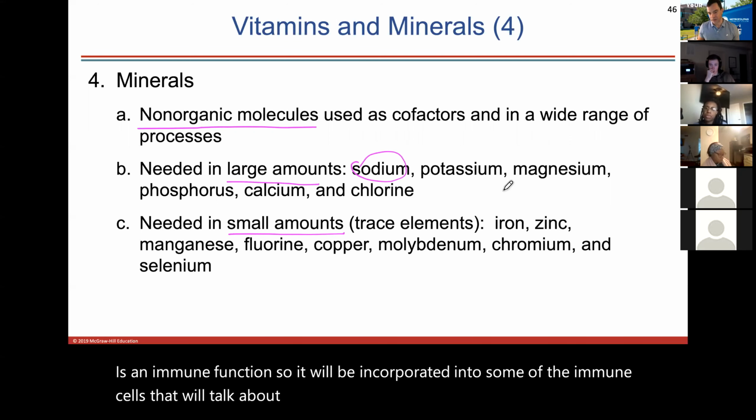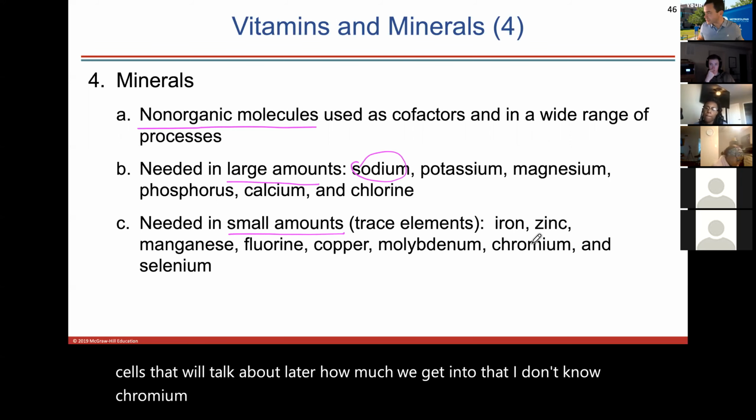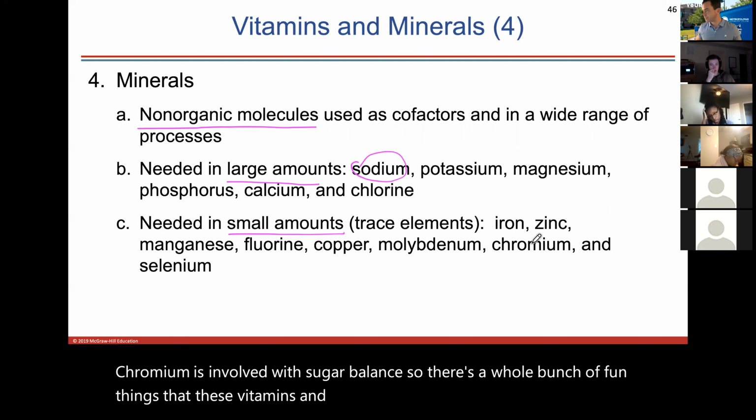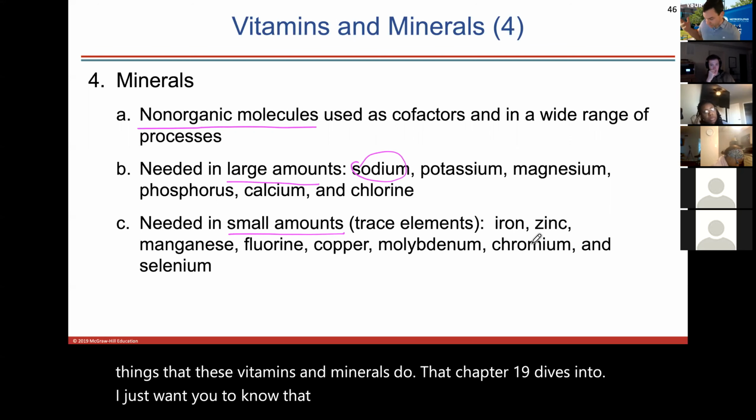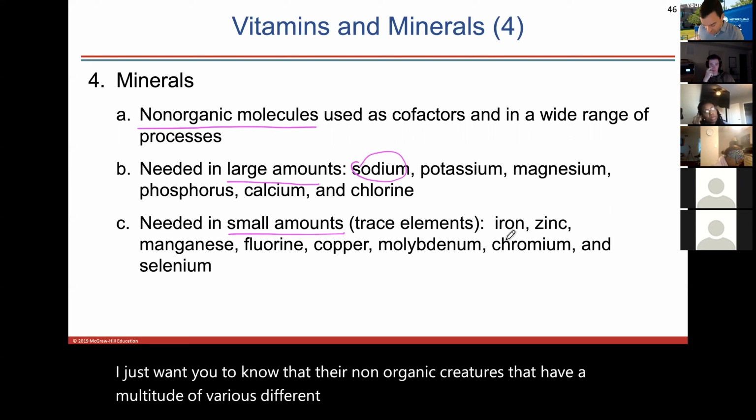How much we get into that, I don't know. Chromium is involved with sugar balance. So there's a whole bunch of fun things that these vitamins and minerals do that chapter 19 dives into. I just want you to know that they're non-organic creatures that have a multitude of various different functions. Some you need in really large amounts, some you need in really small amounts.